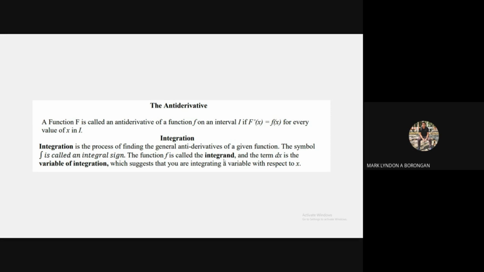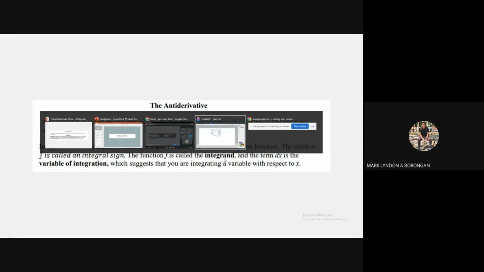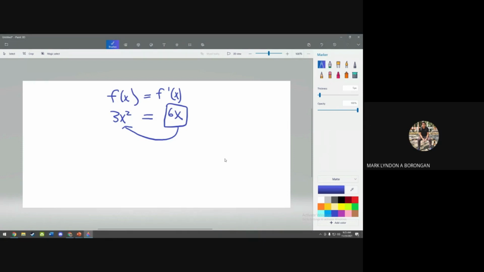If you have a function f of x and you derive it, you'll get f prime of x, right? Now, how do you reverse it back to its original form?